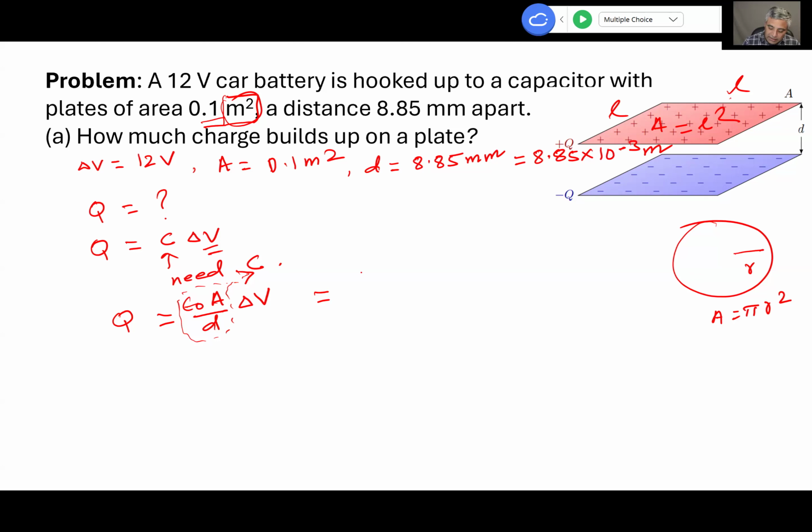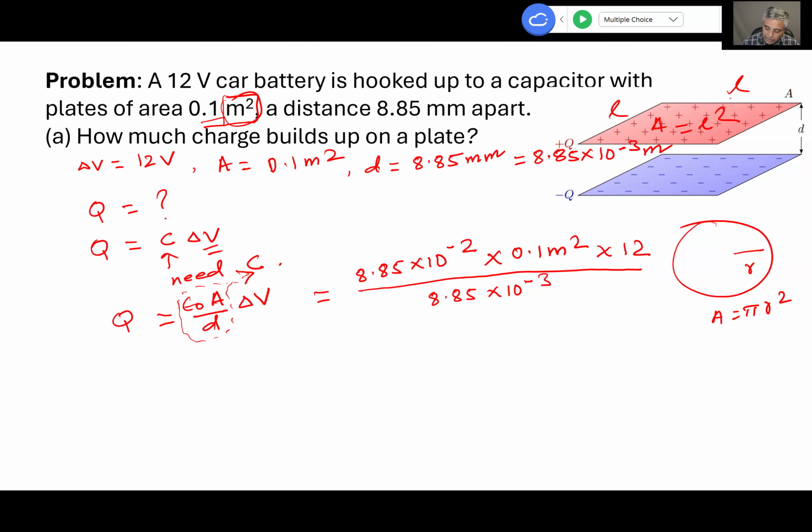We can find that, and let's see if I remember that. K is 10 to the -9, but this is 10 to the -12, I think. And then area is 0.1 meter squared. And then there is delta V, which is 12. And divide that by D, which is 8.85 times 10 to the power negative 3. Okay, this one has to be squared.